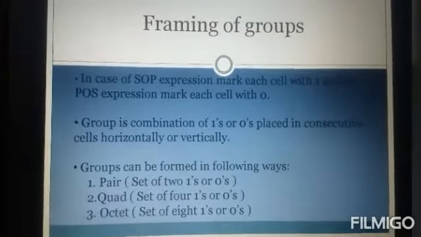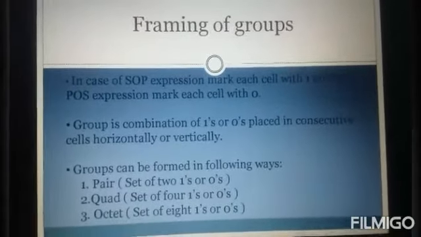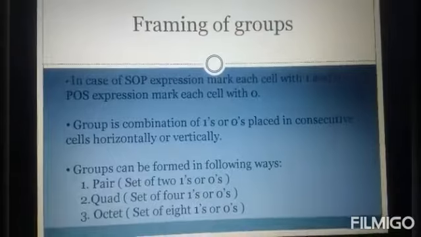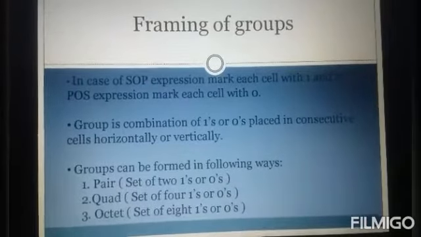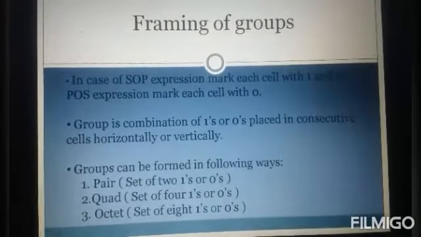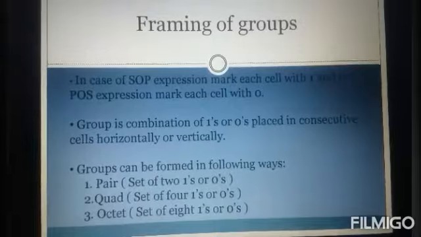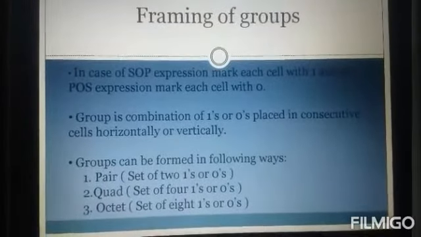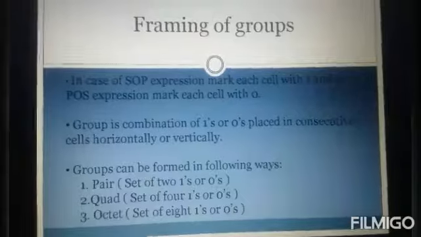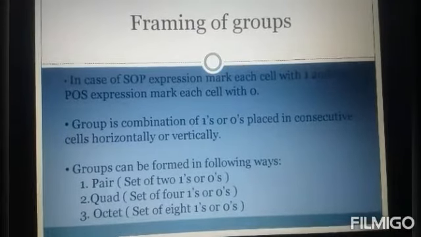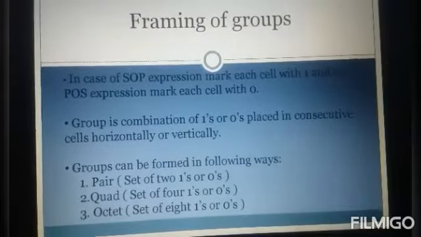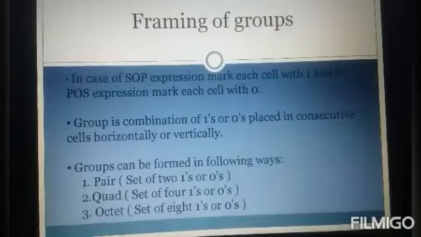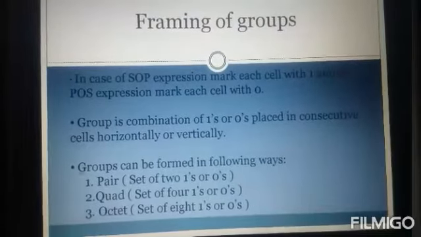One is, when we are using SOP expression, then we have to mark each cell with 1. And when we are using POS expression, then we have to mark each cell with 0. A group is a combination of ones or zeros, placed in consecutive horizontal or vertical cells.